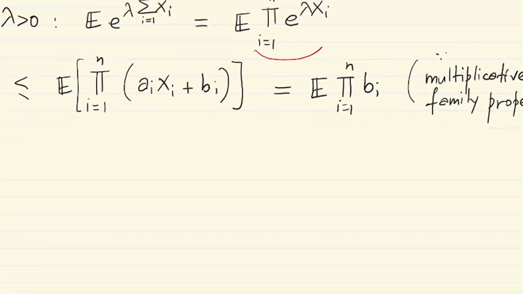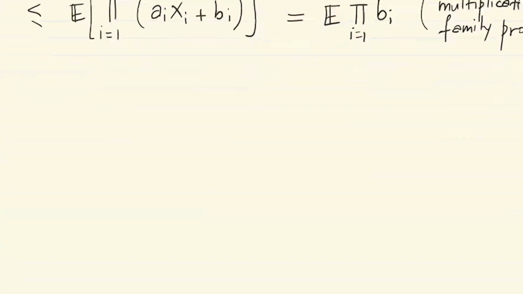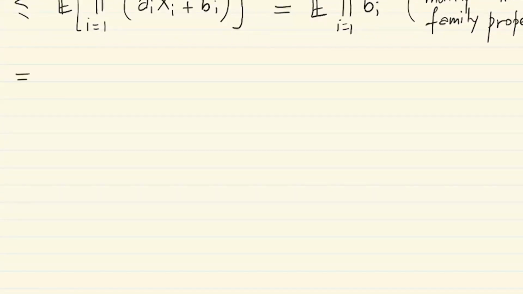There is really no expectation after all in the upper bound, and this becomes the product of e raised to minus lambda ci plus e to the lambda ci, by 2, after substituting in the b values.